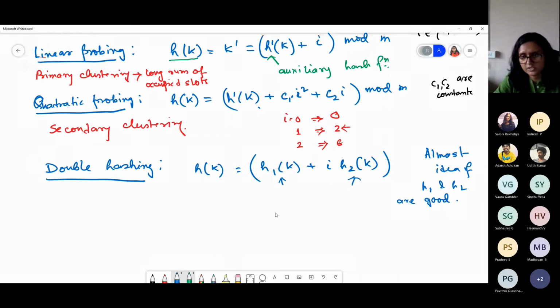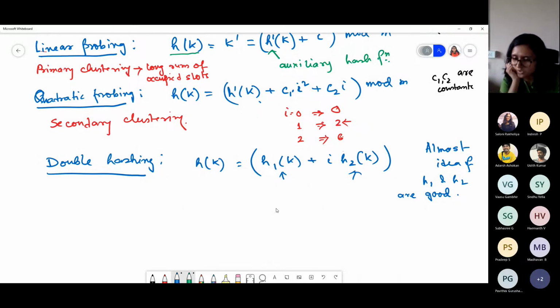Now in case of our collision resolution through chaining, in that case also we need some hash function, right? But how that hash function should be, we have not discussed. So another kind of hashing function is also there, that is called universal hashing.